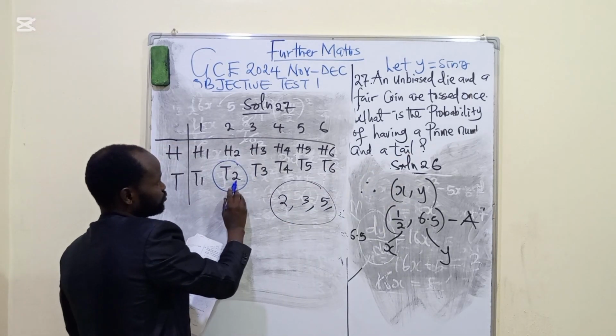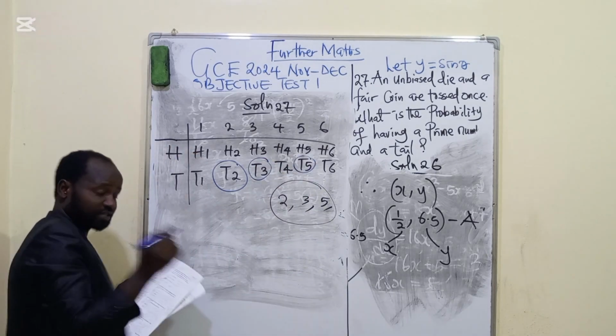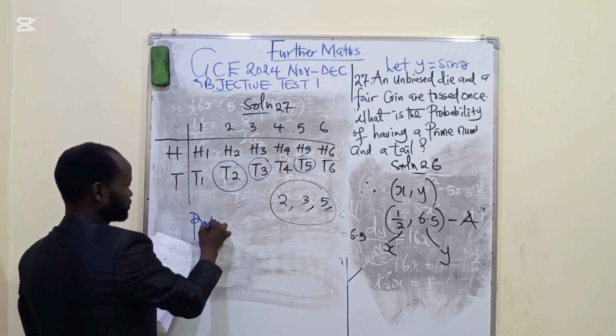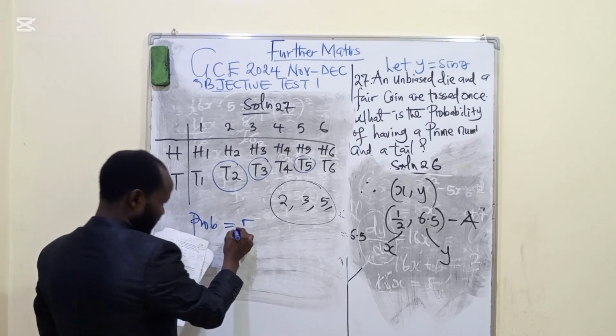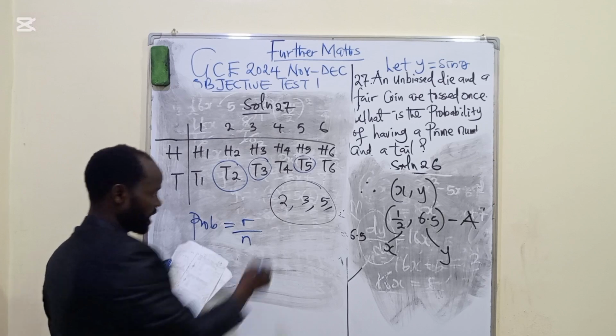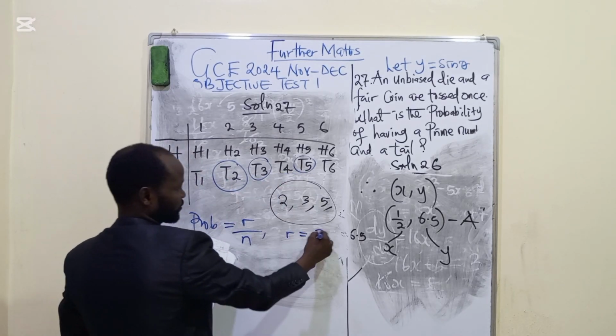That's T2. This is another one. This is another one. So recall that probability is nothing but the number of required outcomes divided by the total possible outcomes. Our R in this question is nothing but 1, 2, 3, which is 3.